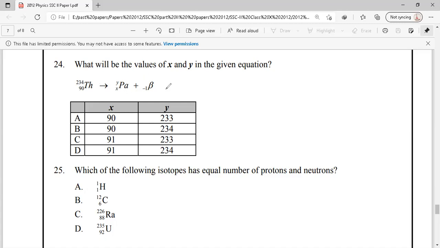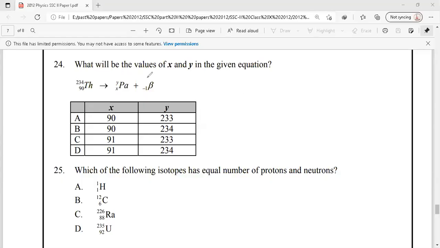We know that for an element to perform beta decay, its atomic number Z remains same, no change in the atomic number, while its atomic mass is increased by 1. So the value of Y will be 234 plus 1, 235, and the atomic number remains same, that is 90. So X is 90 and Y will be 235.